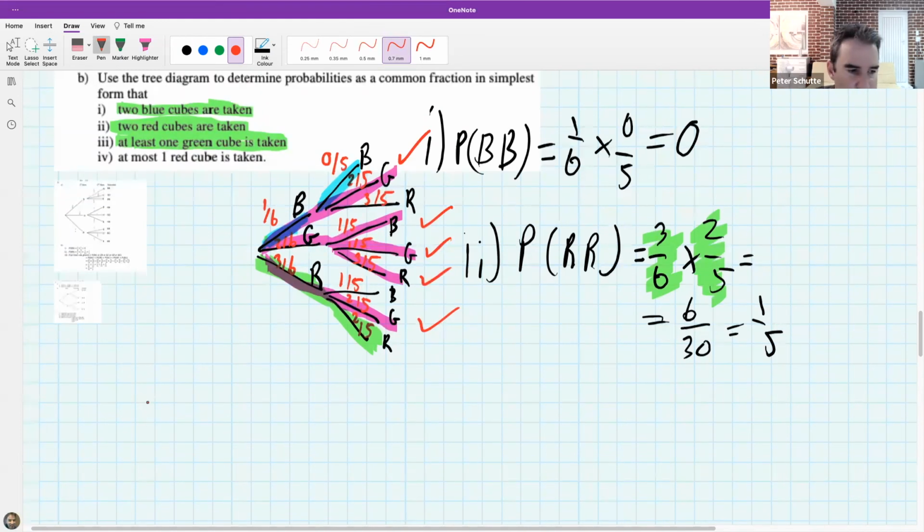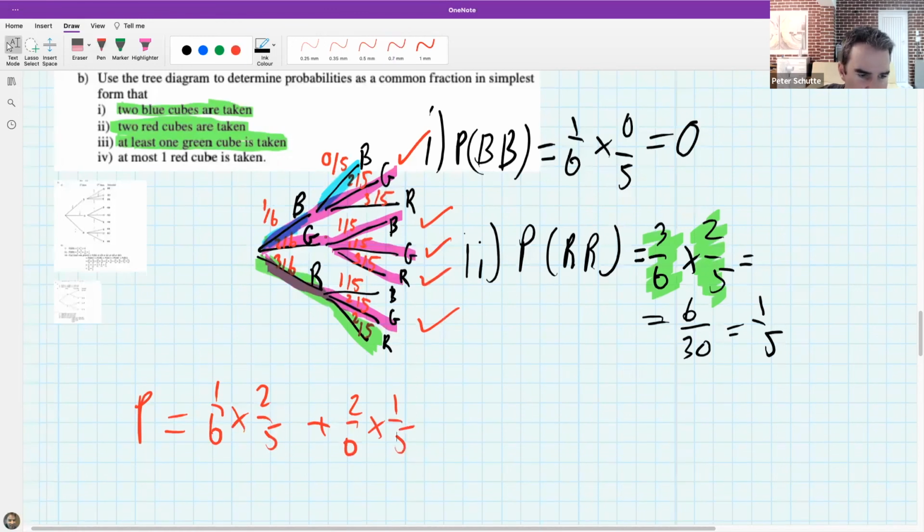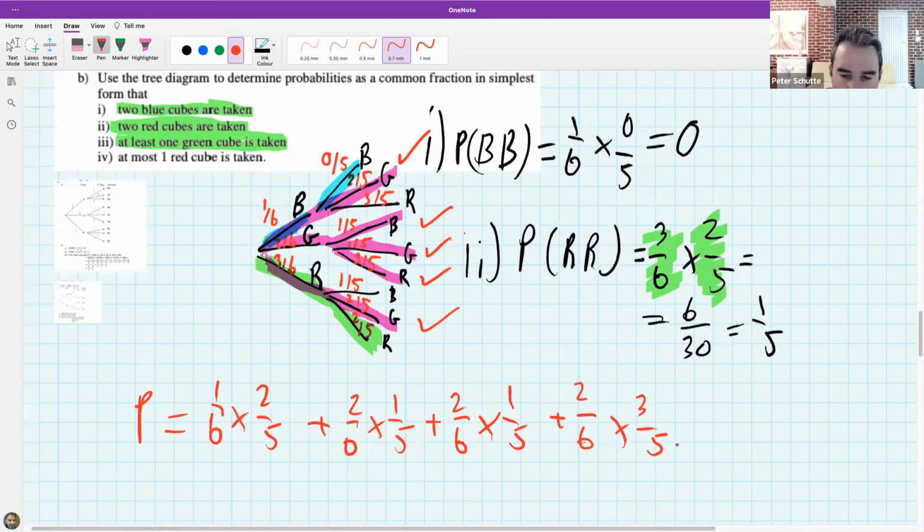Okay, so let's get the final answer. So the final answer is going to be 1/6 times 2/5 plus 2/6 times 1/5 for that bit, plus, let's make sure, 2/6, 1/5, plus 2/6 times 3/5, plus 3/6 times 2/5.